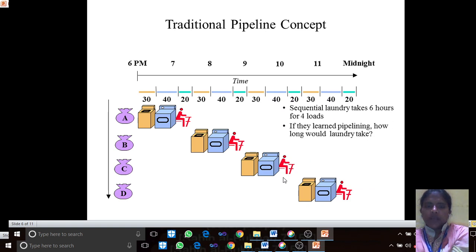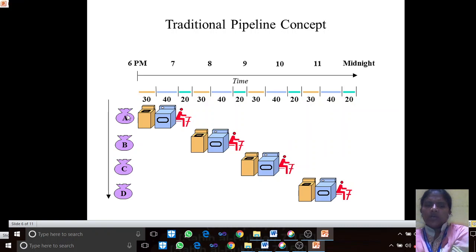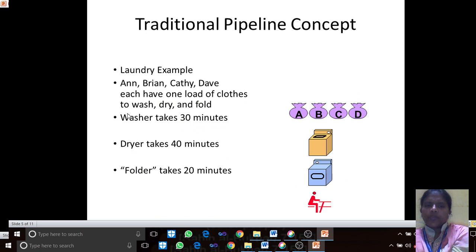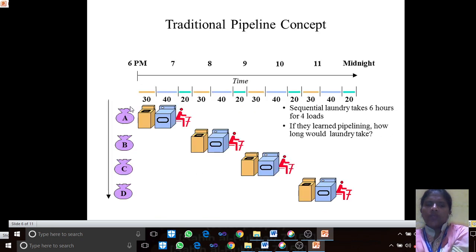Now you can see at 6 p.m., the A load of clothes is given.